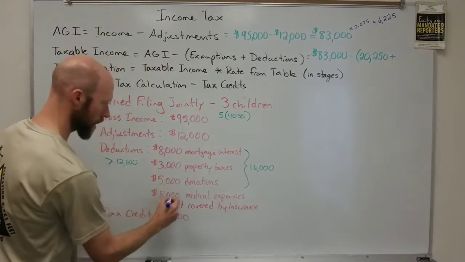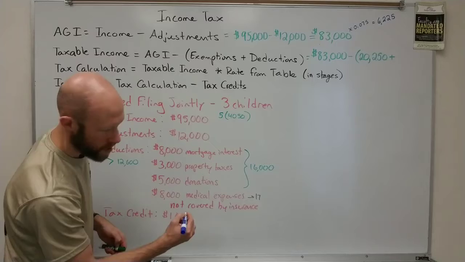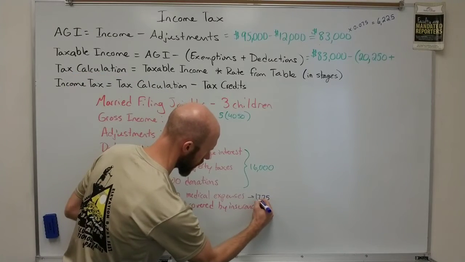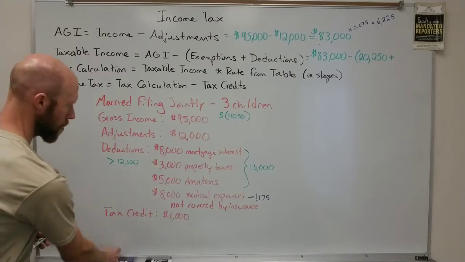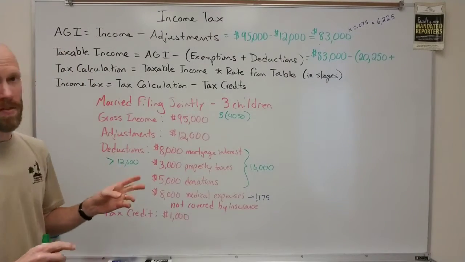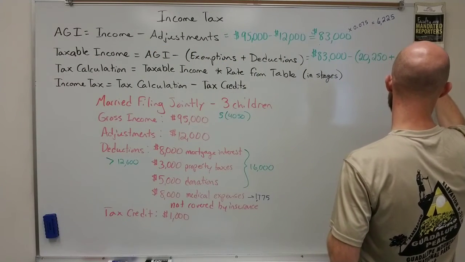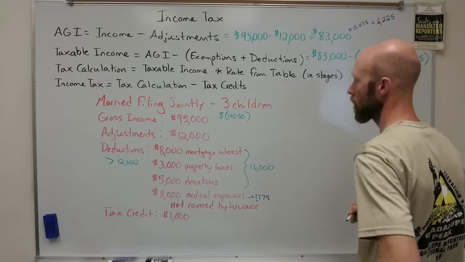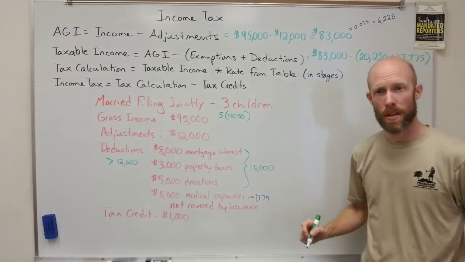So really all that we can actually apply here is what did I say? $1,775. And so when I combine that with the other 16,000, that's 17,775. And that's our deductions. 17,775. Okay? So that's these two numbers added together.